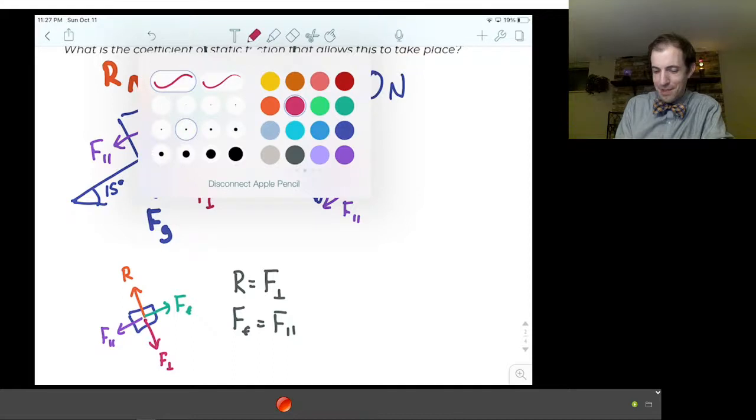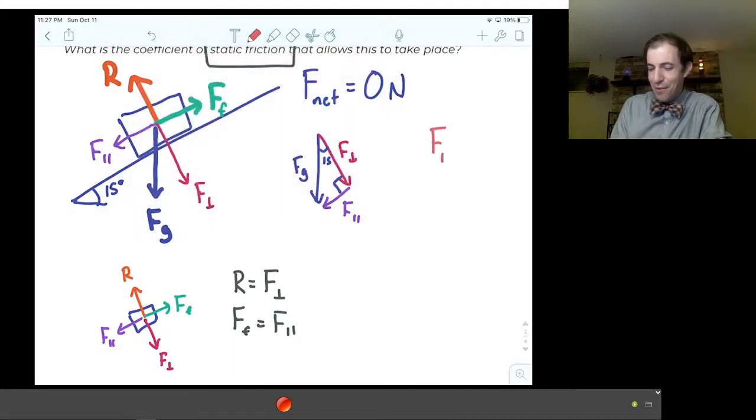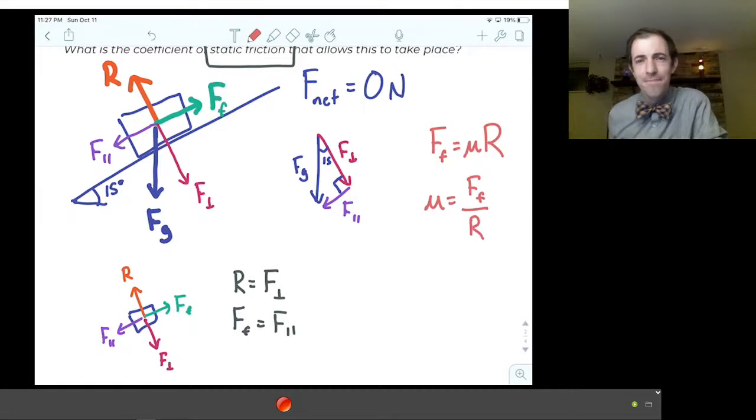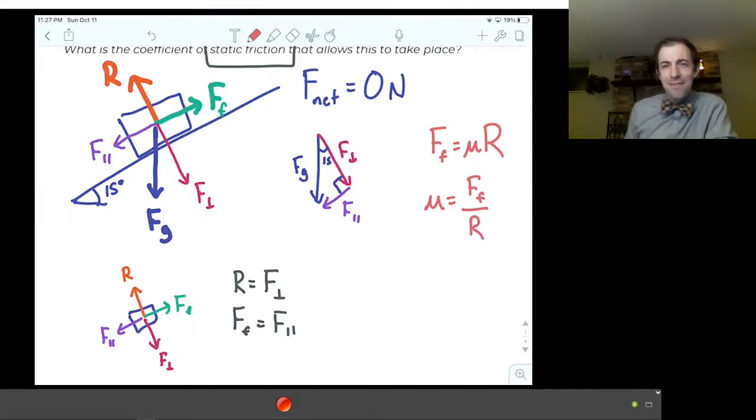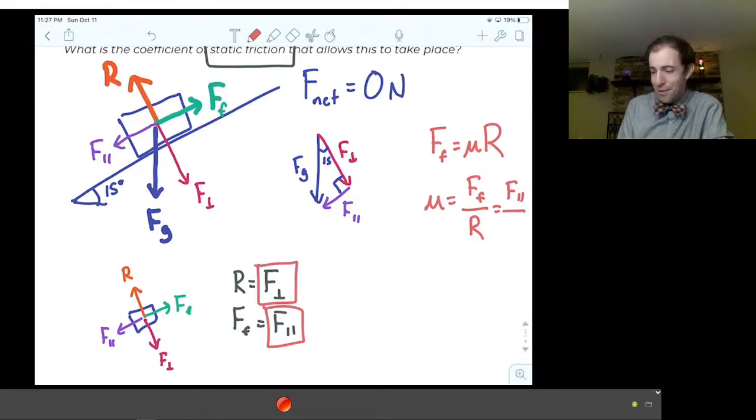If I know FF, the force of friction, that's going to be equal to mu times R. So if I want to find mu, that's just going to be FF divided by R. FF divided by R is going to be the same thing as saying the parallel force, F parallel, divided by the perpendicular force, F perpendicular, because those are equivalent according to our free body diagram here.